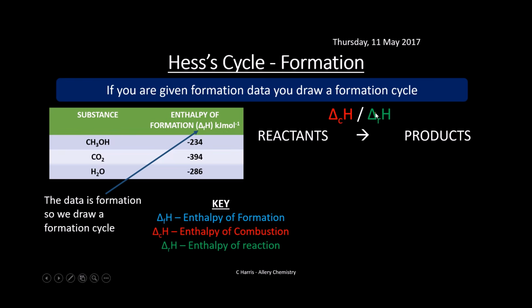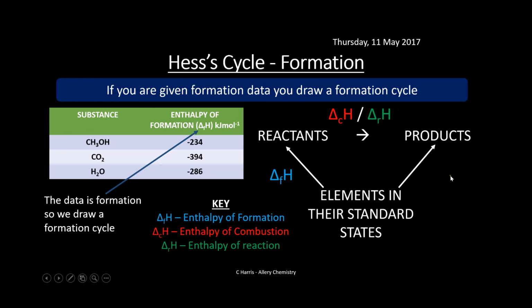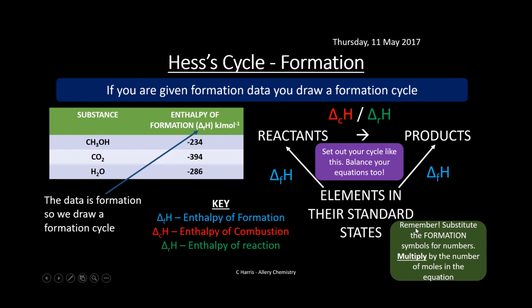So we've got red and green. Try and colour code this. A formation cycle is always elements in their standard states at the bottom, arrows pointing up to your reactants and products. And obviously this works out your enthalpy of formation. It must be in that order to make sure that everything works out properly. Arrows pointing up with elements in the standard states at the bottom.